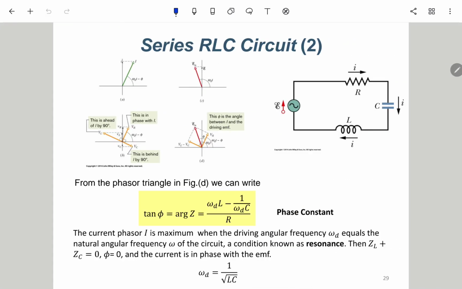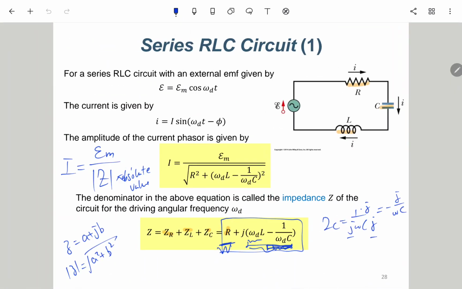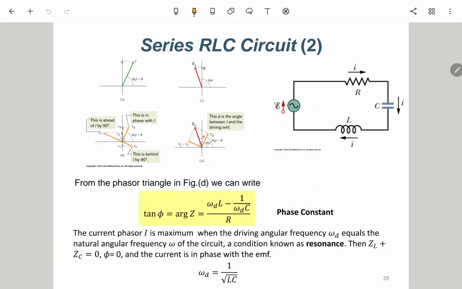So here we have the phi, because we still have the phase shift here. The phase shift here is nothing but taking the imaginary part over the real part, which equals the tangent of phi.